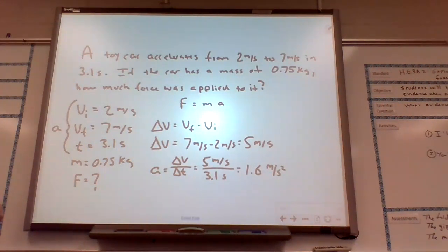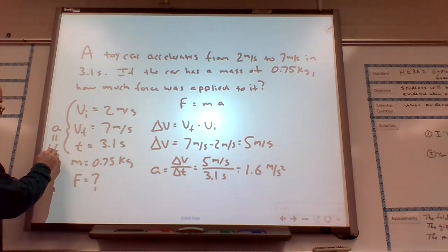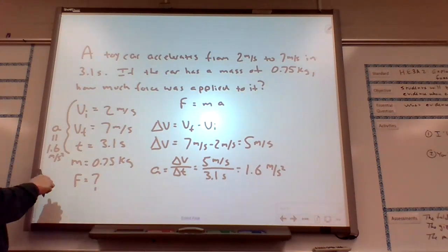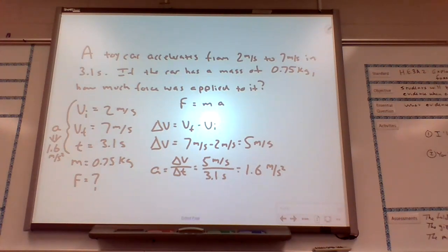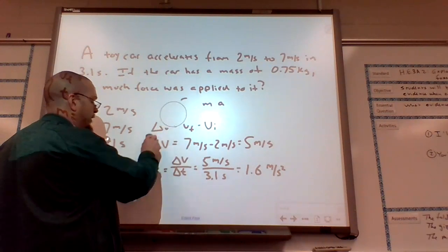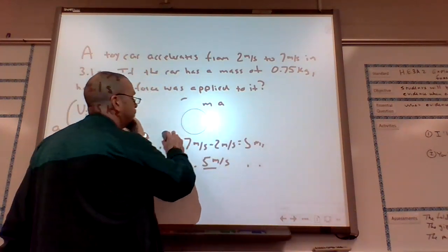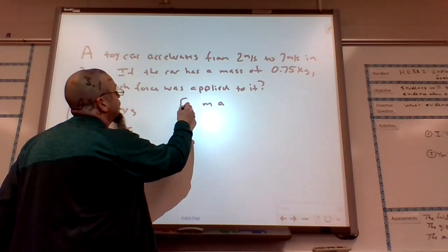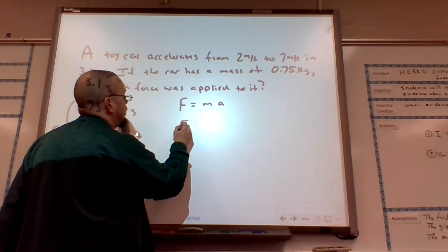So now I have an acceleration. I use all that information to get my acceleration, the piece of information that's missing, what I need to use F equals m times a. And once I've got that, I can actually solve my problem.